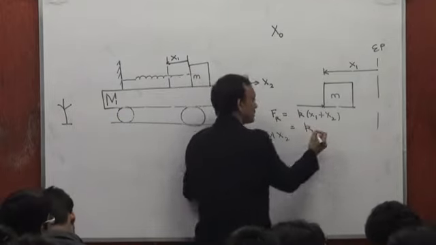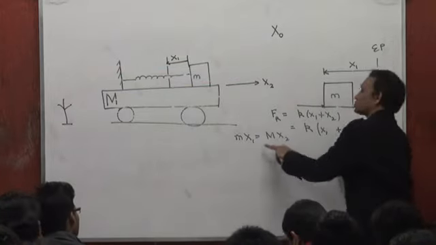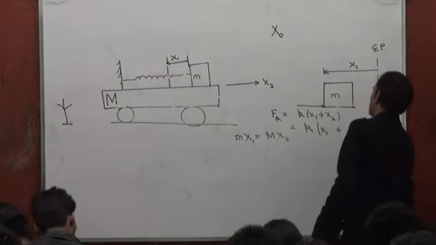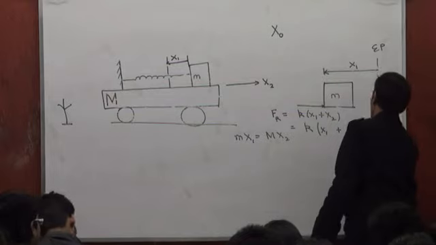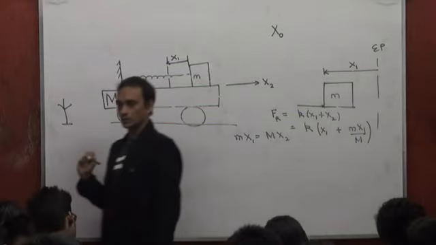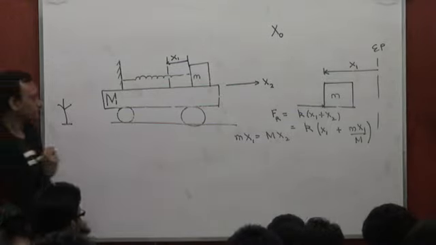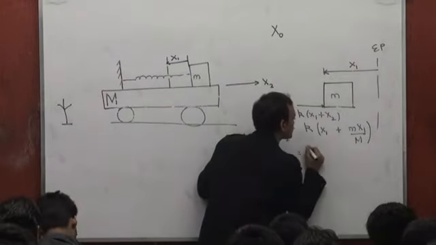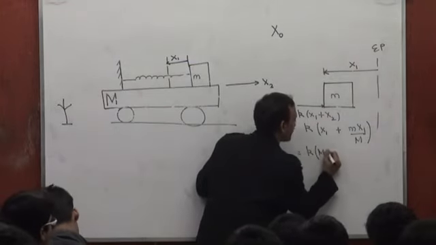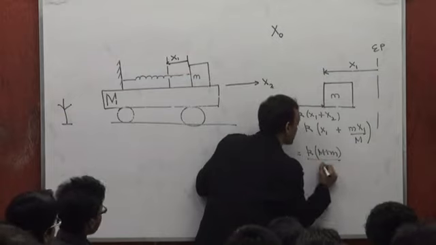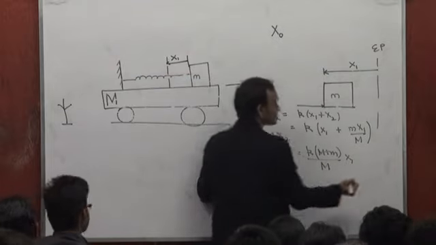So k times x1 plus x2, which is k times x1 plus small m x1 by capital M, which is k times capital M plus small m by capital M, times x1.